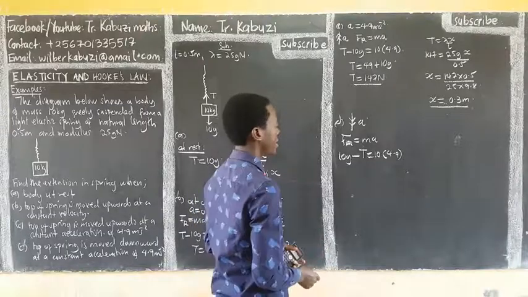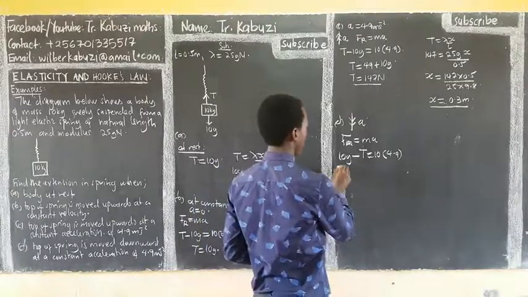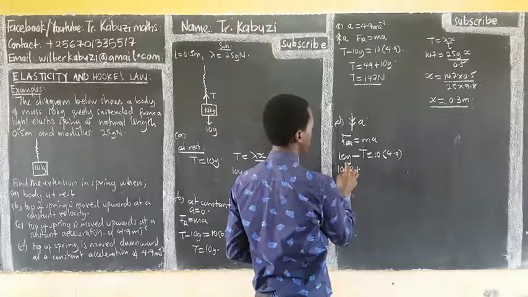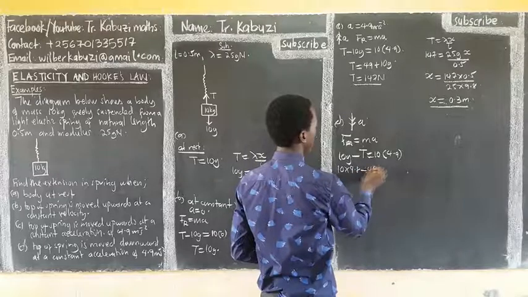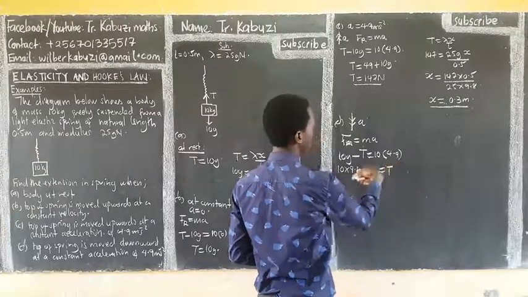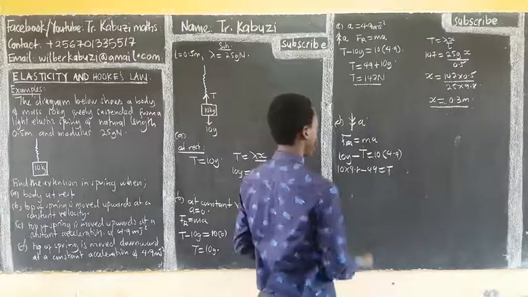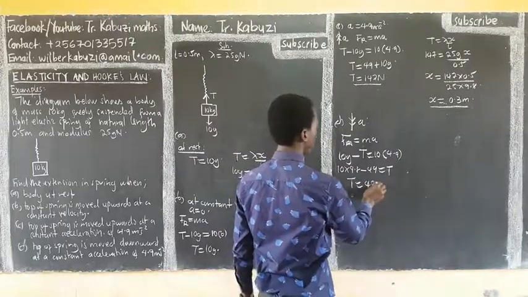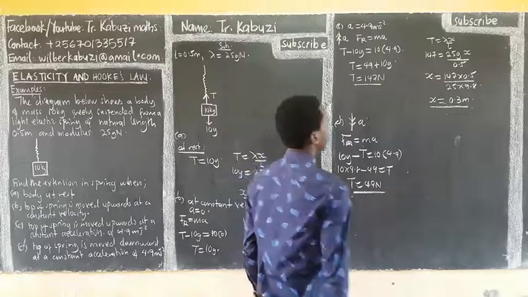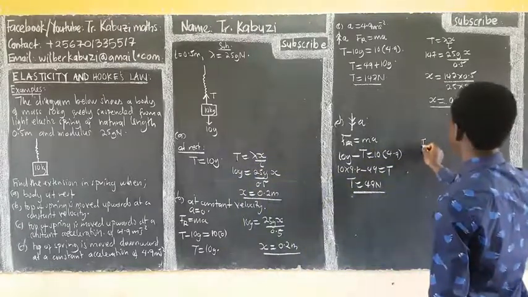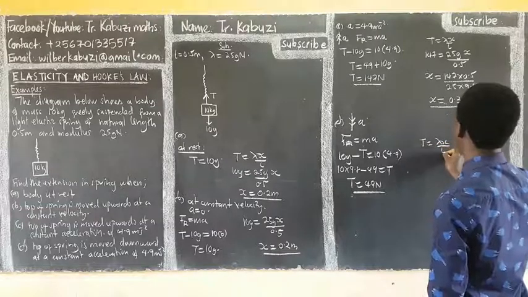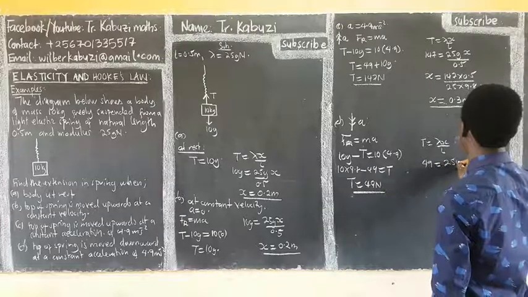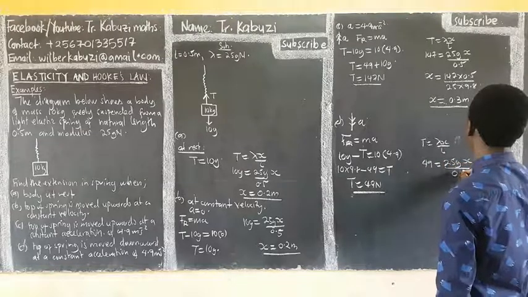So if that's the case, we are going to have 10 times 9.8 minus 49 equaling to our T when I bring this side and take this side. So from here, our T is going to be 49 newtons. Then I substitute into T equaling lambda x over L. This is 49 equaling 25g x over 0.5.